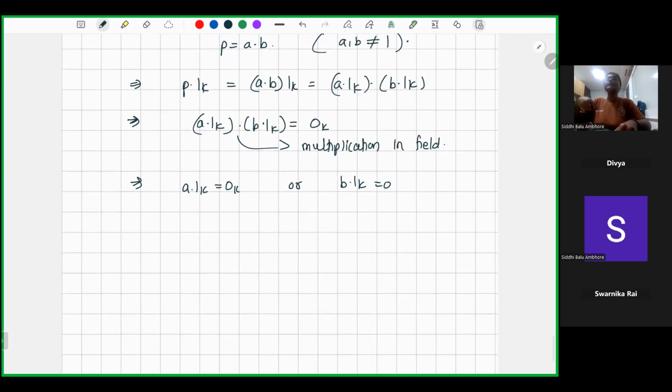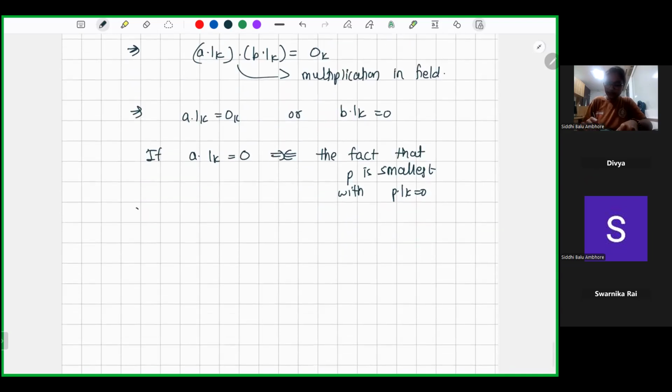So either of these is true. And if A1K is 0, this will contradict the fact that P is the smallest with P into 1K is 0.